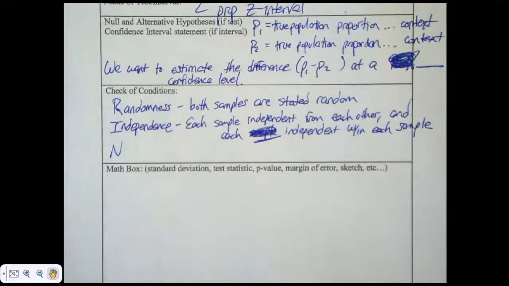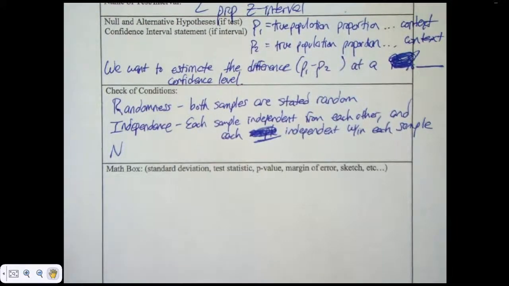So for the example we're thinking, I would say each student in 2017 was independent, each student in 2018 was independent, and 2017 and 2018 are independent. So you got three: this one's independent, this one's independent, and these two independent from each other.